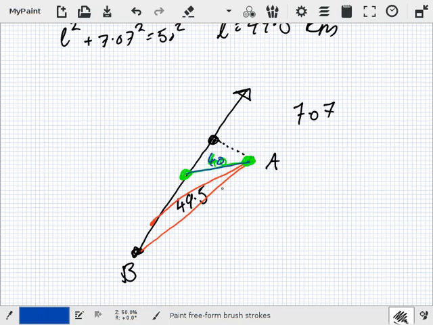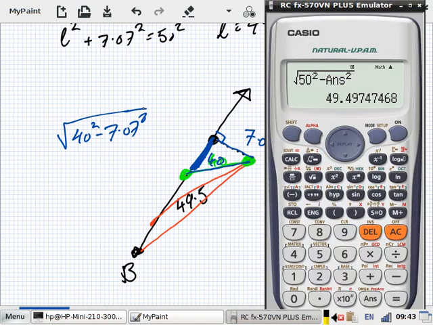Now, this actually is not so bad, because if you look at this triangle, it's a right angle. You have the hypotenuse, and you have this side, it's 7.07. So you can know this side if you like. From Pythagoras, we get the square root of 40 squared minus 7.07 squared. So 39.4.